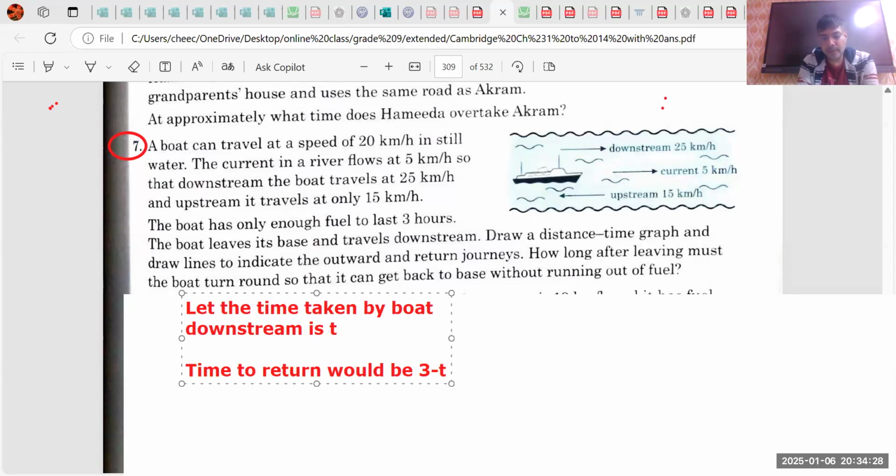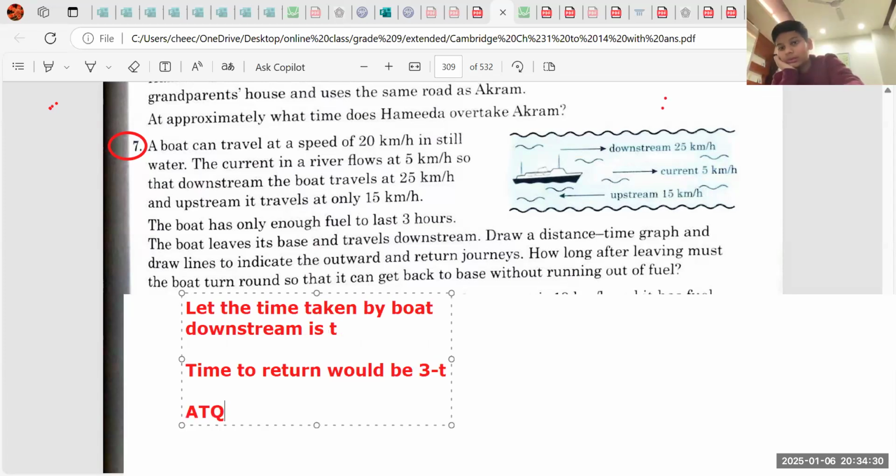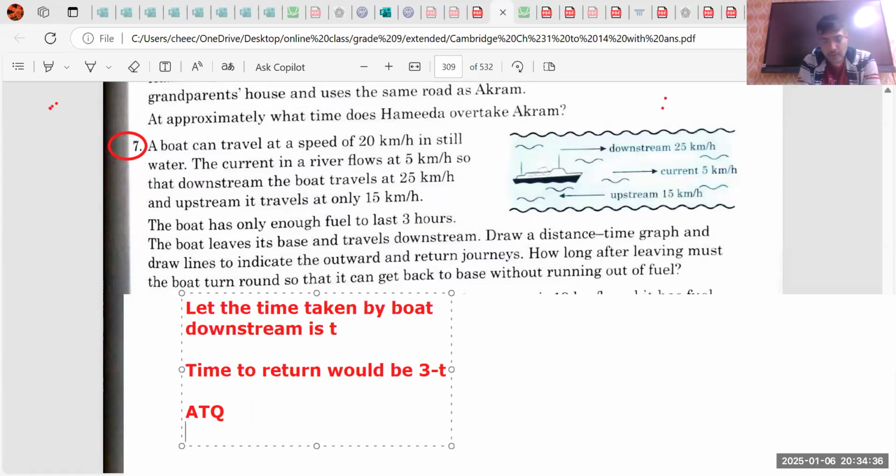Do you agree? Yes, sir. Now distance is same according to question. Speed into time. What is speed while going? It is 25. 25 times t is equal to 15 times 3 minus t. So you solve to get the answer.